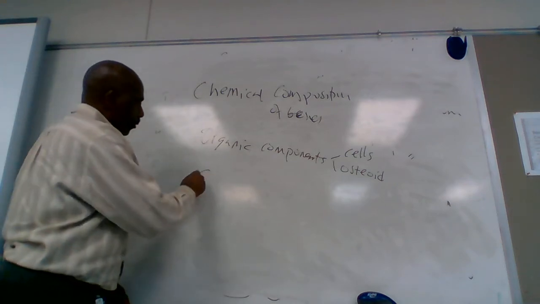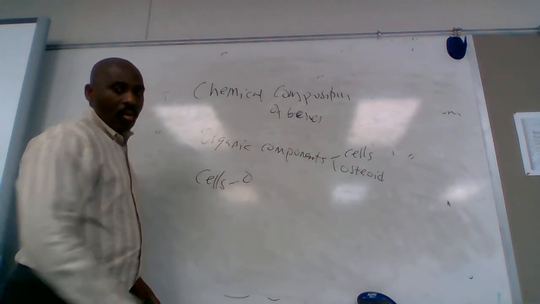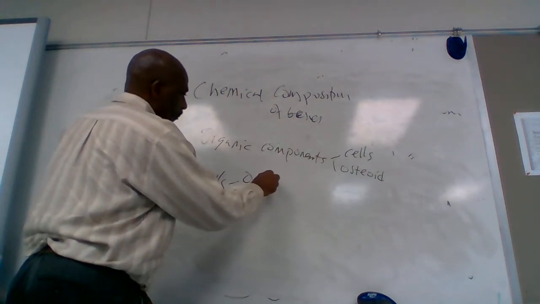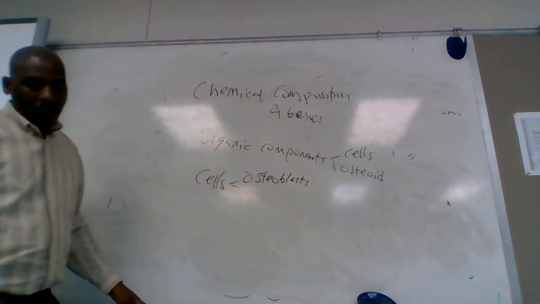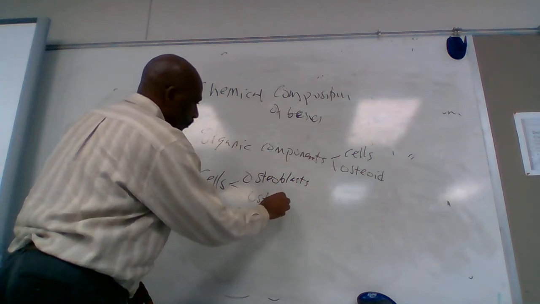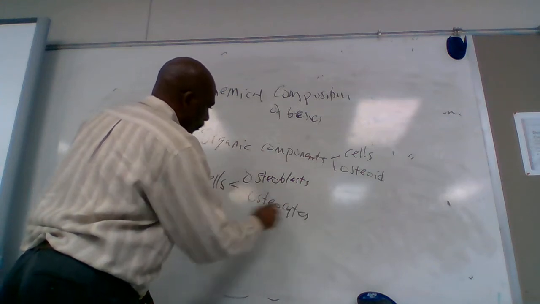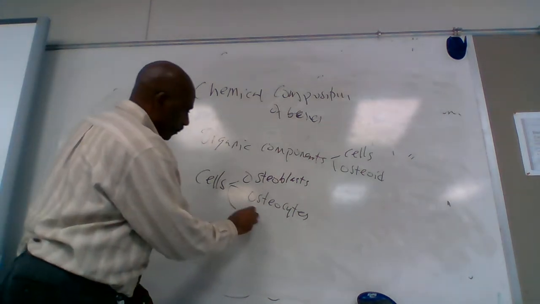Now for the cells, we have three groups of cells. Number one, we have the osteoblasts. Number two, we have the osteocytes. And number three, we have the osteoclasts.